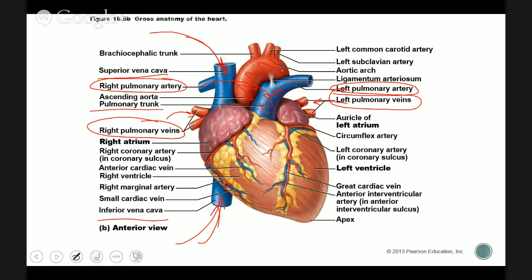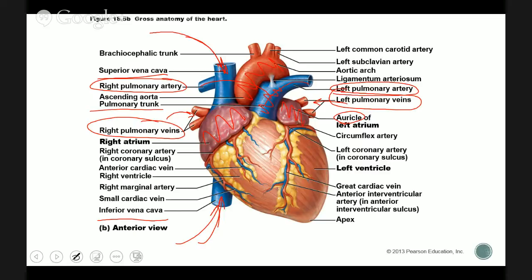We also see these structures right here. These are called auricles, like the ears, and you have one on each atrium, and the atrium is the upper chamber of the heart. You have two upper chambers of the heart. Those are called atria.